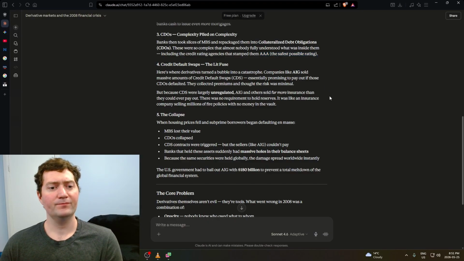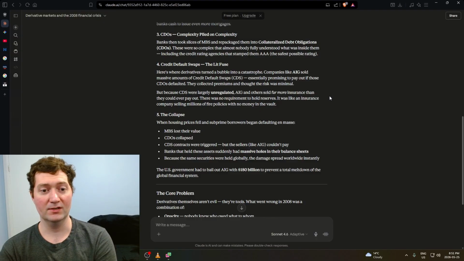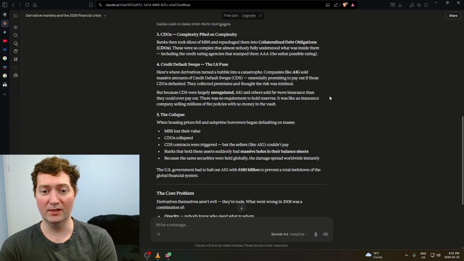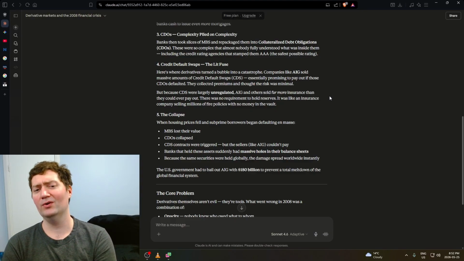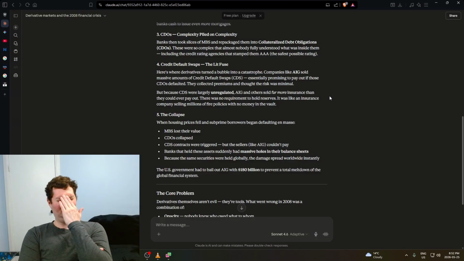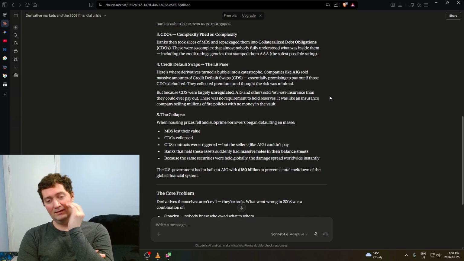Okay. But because credit default swaps were largely unregulated, AIG and others sold far more insurance than they could ever pay out. So they're selling insurance essentially.